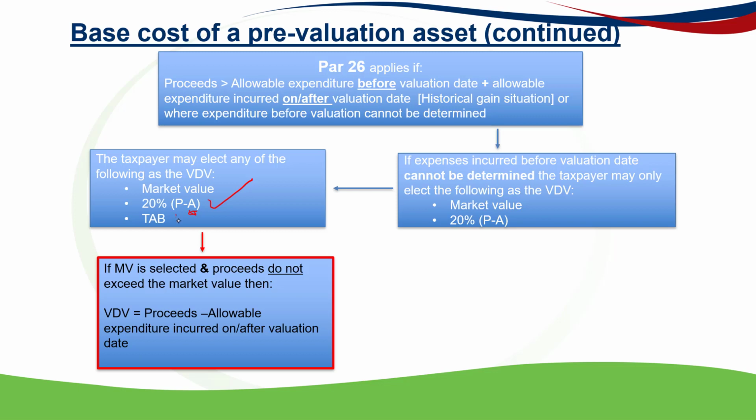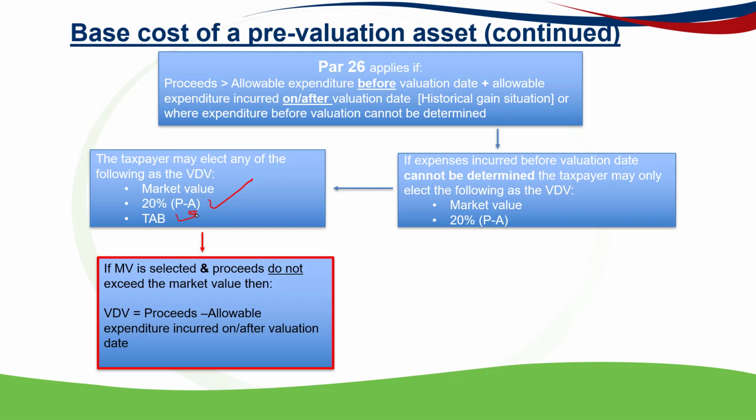And then the last option is TAB, which is short for time apportionment basis. There is a method for calculating TAB, but as we do not expect you to be able to calculate it, it will be provided during an assessment. What you need to know then is how to use it.